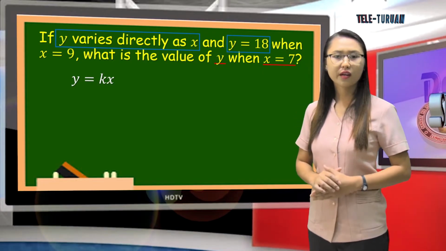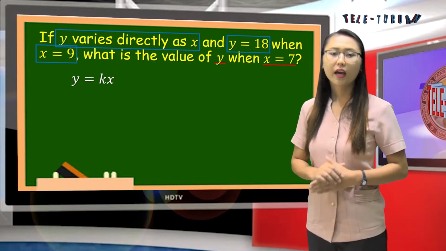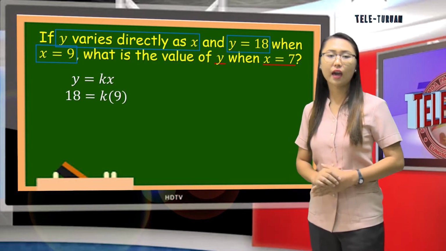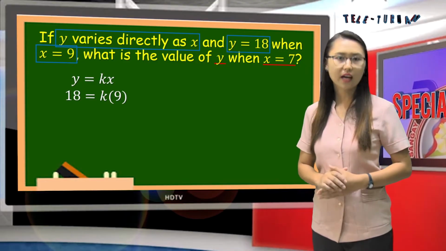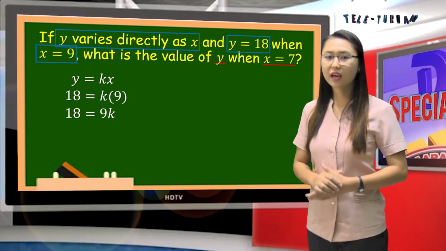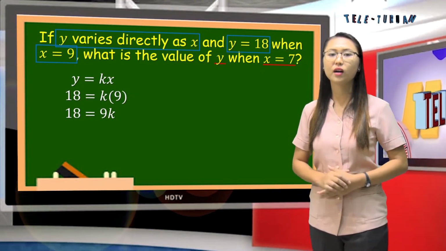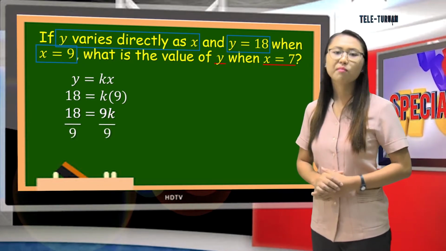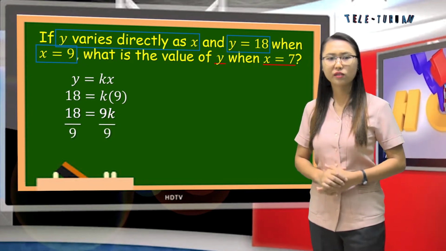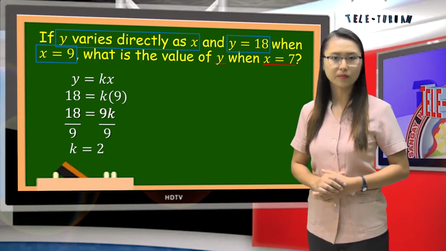Let us substitute first the value of y and x on our equation. It will become 18 equals k multiplied by 9. 9 multiplied by k is 9k, so the equation will become 18 equals 9k. By dividing both sides of the equation by 9, our k now is equal to 2.